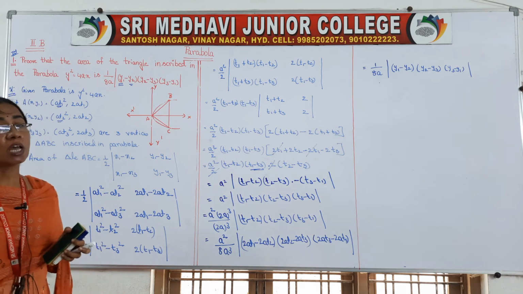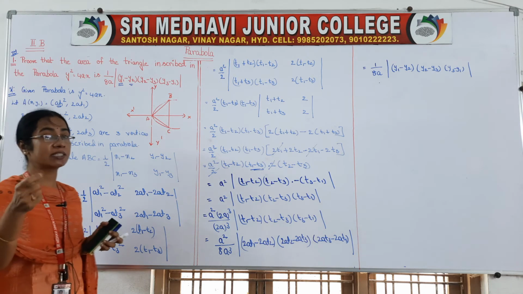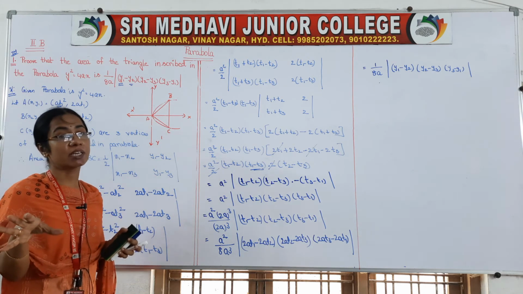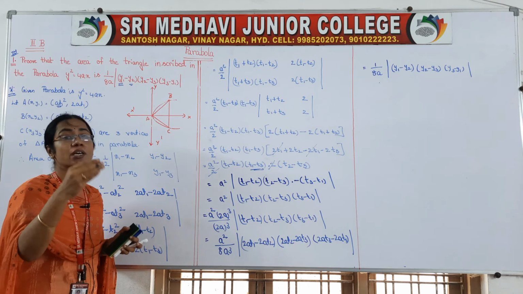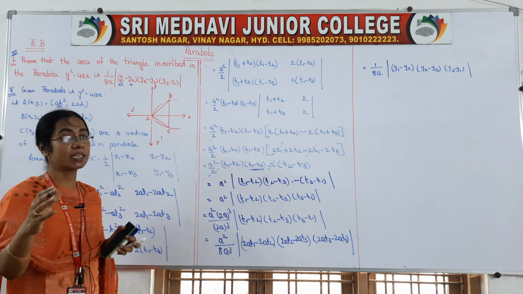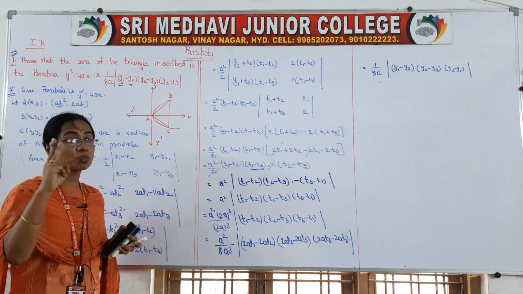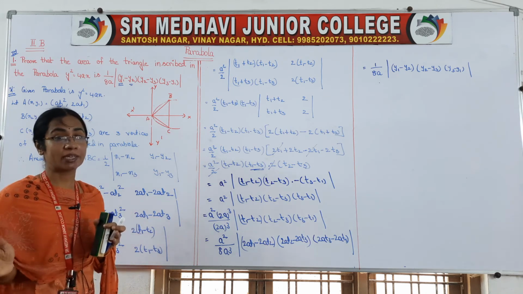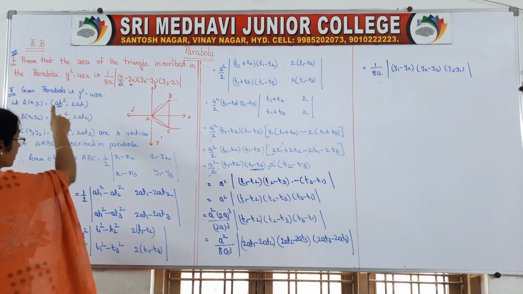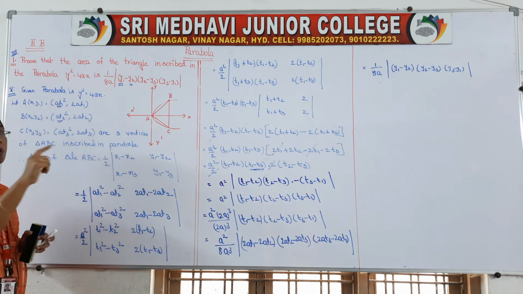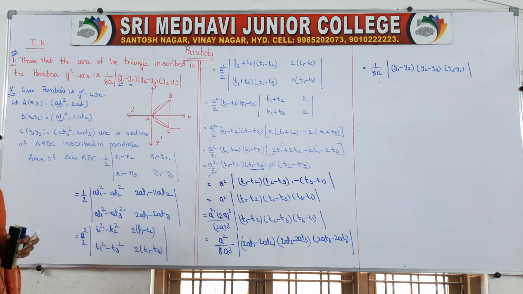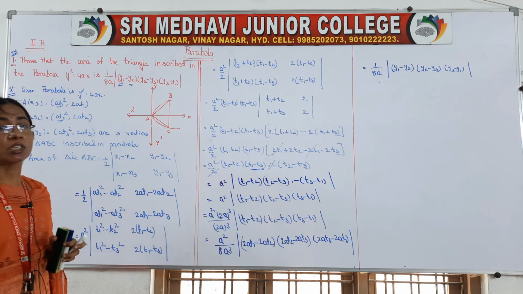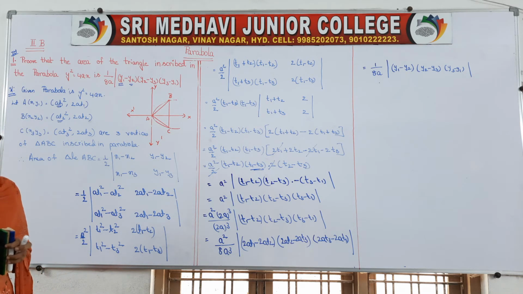In the parabola, how will we take the points in parametric form? It is (at square, 2at), right. That is 1 point. Suppose 3 points are there. To make a difference between one point and another, I have taken like this: (at1 square, 2at1), (at2 square, 2at2), like that I have to take the points.